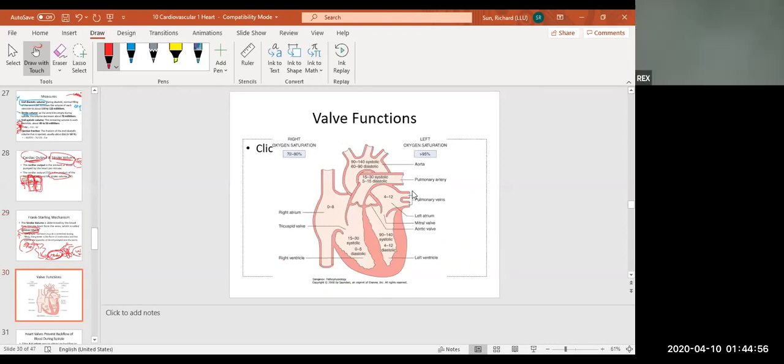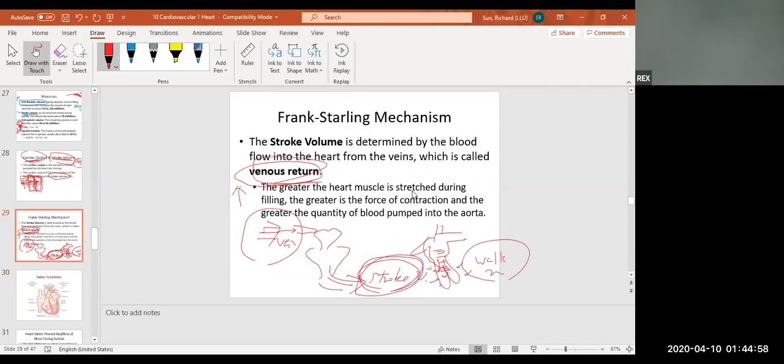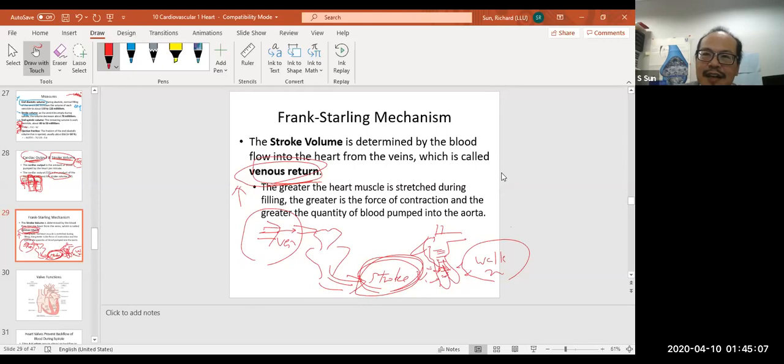Any questions? How does crossing, like when you're going to get someone's blood pressure, how does crossing their legs affect their blood pressure? Okay, crossing the leg. So the question is, when you measure the blood pressure, how is that affected by crossing the leg? Blood pressure is affected by two things.